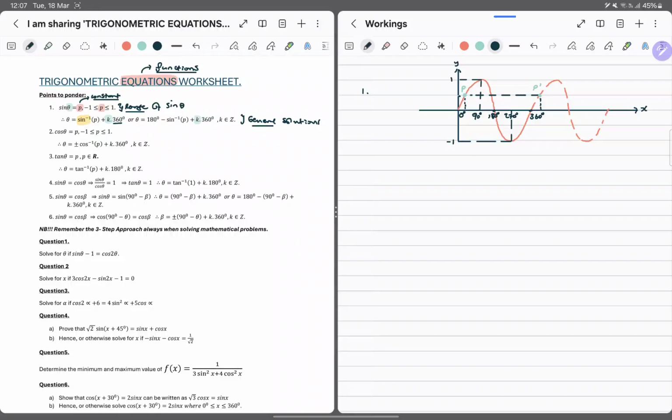Now let's look at number 2. We are given the cosine of an angle theta, and this is supposed to give us some constant p. Again, p here is a constant. Remember that. P is a constant, it's not a variable per se. It stands for a specific value.